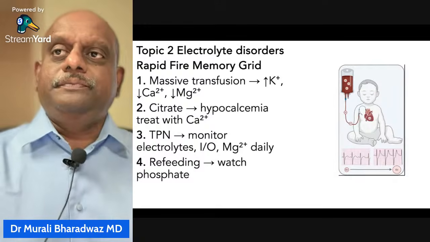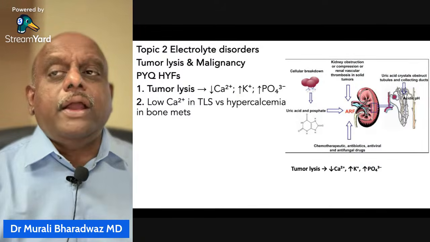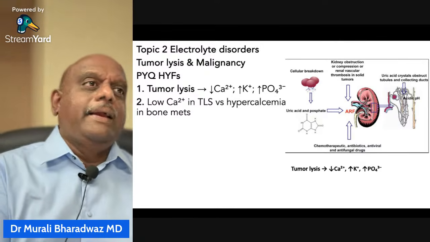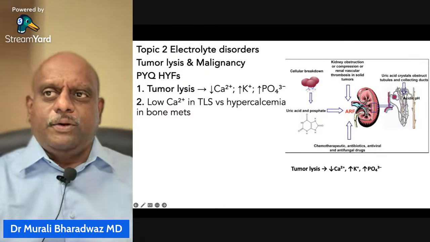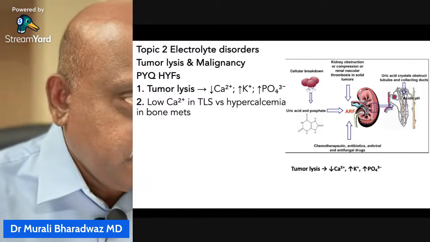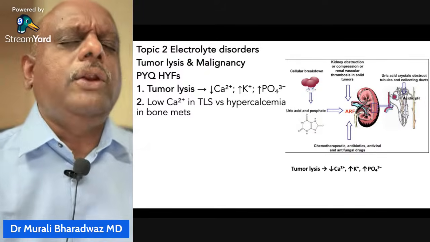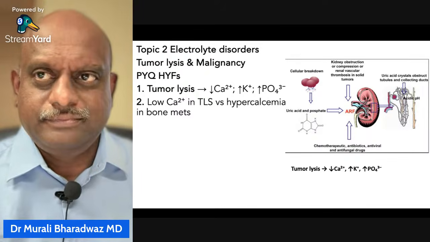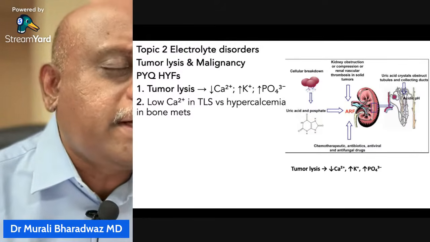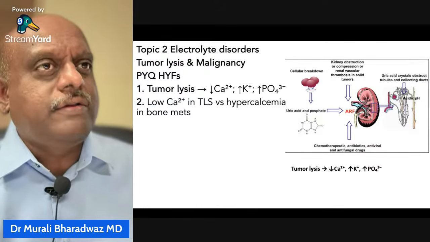Now, doctor, there is an entity called tumor lysis syndrome that you need to know. What happens in tumor lysis syndrome? Especially in tumors like acute promyelocytic leukemia, when you give all trans retinoic acid treatment, that leads to the breakdown of the cells.